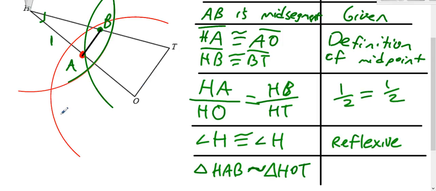The two sides were proportional and the angle between was congruent, so that's side-angle-side similarity. Officially, there are a few steps that we're skipping over in here, but I think the idea is understood if you just jump to that.